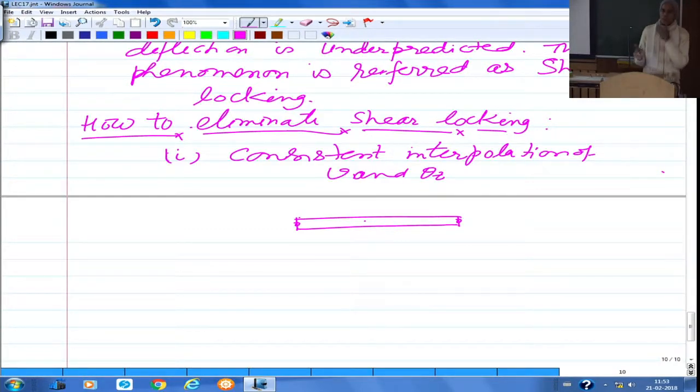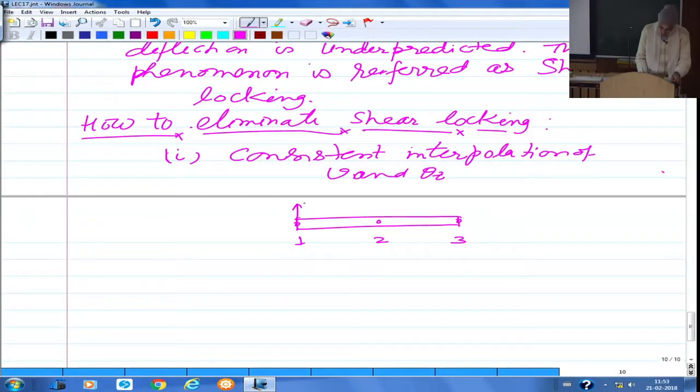Quadratic means you will have 3 terms, and v as a degree of freedom means you will have to introduce an intermediate node here. So now the element has to have 3 nodes, and the degrees of freedom would be, if you also include the axial displacement, though the problem is not related to axial, it's only because of v and theta, that is basically bending deformation.